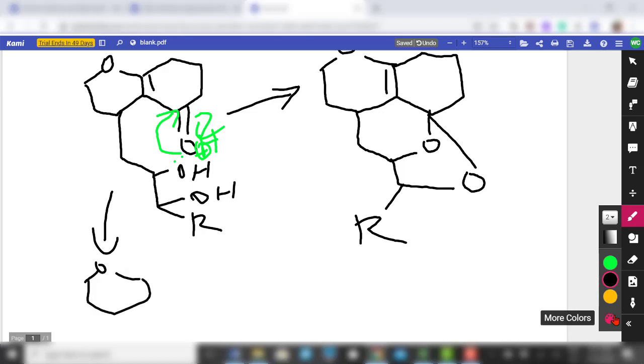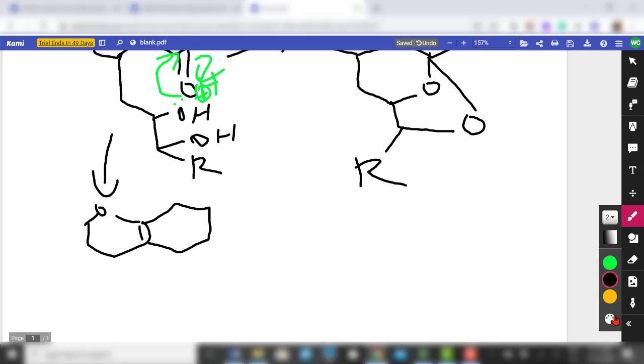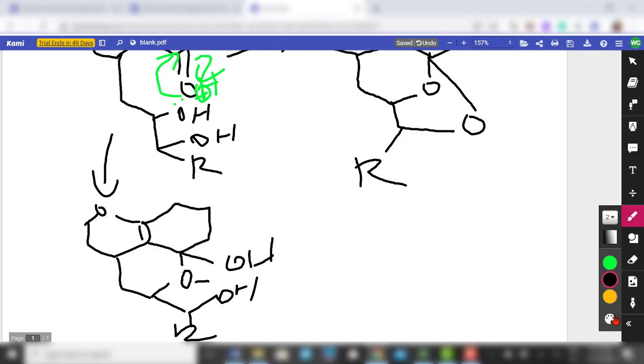So you can look at something like this: there's an OH here, and an O here, then the other OH, and then the R, and this O, of course, is protonated as well.